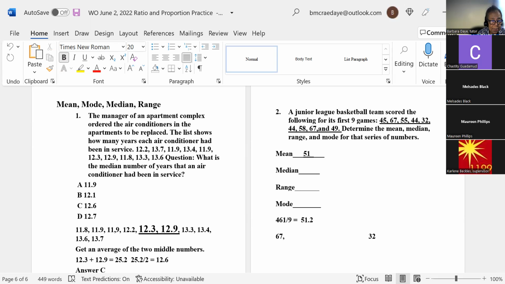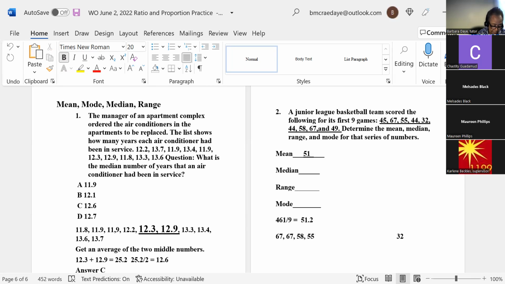I think the next is 67. Well, we've got two 67s. Okay, very good. Okay, what comes after the two 67s? 58. 55.